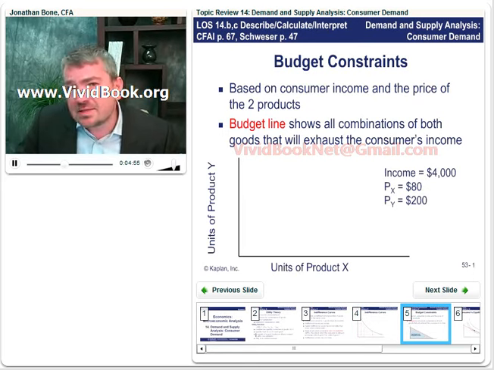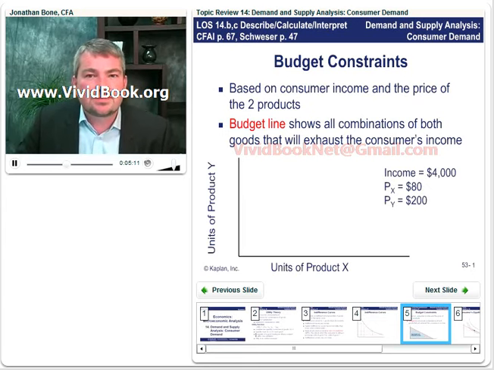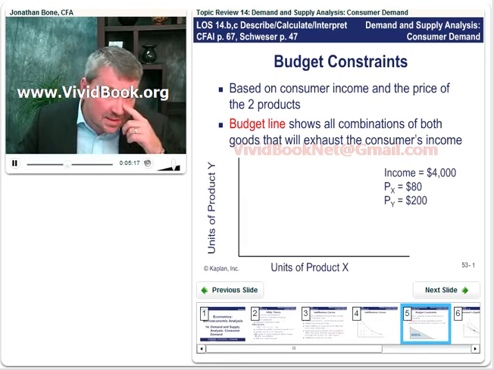Okay, now the budget line is going to show all combinations of goods that will exhaust the consumer's income. I think it's easiest to do it rather than really talk about it. So let's imagine that we've got a consumer with an income of $4,000. The price of good X is $80. The price of good Y is $200. So of course what we could do is work out the maximum quantity of X and Y they can consume.